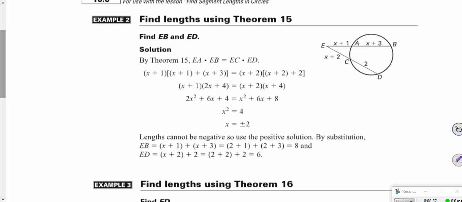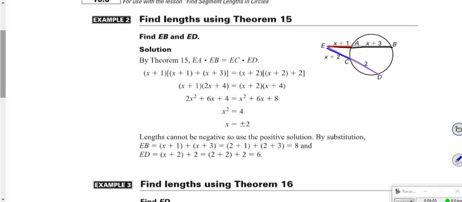So find EB and ED. Now again, this is the one where you take the whole secant segment times just its external piece equals the whole secant segment times just its external piece.